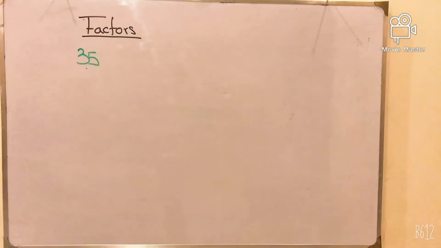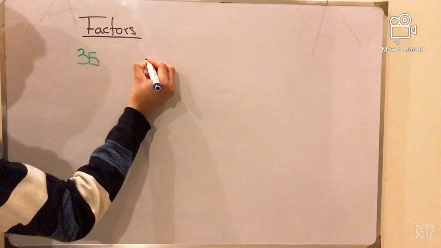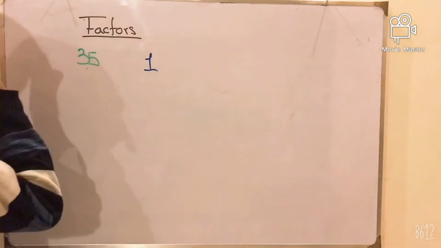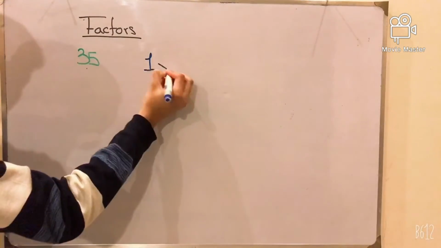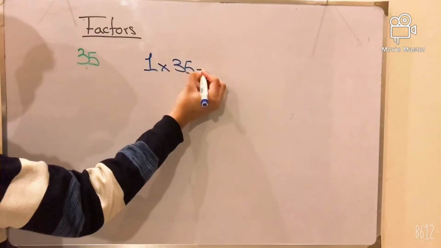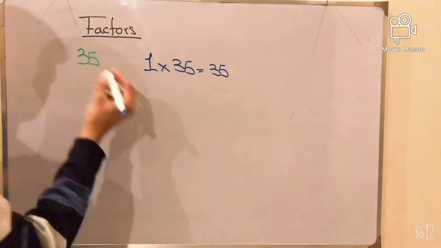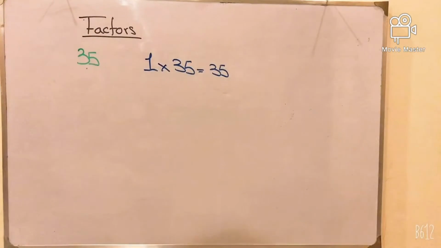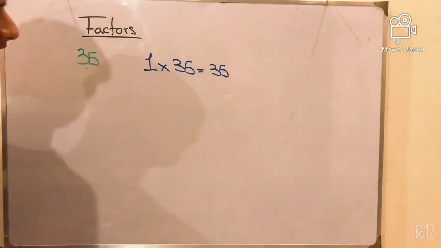Now I will write the numbers in pairs in such a way that if both numbers of the pair multiply with each other, they will give the answer 35. So let's write the first pair of factors of 35. If we multiply 1 by 35, we will get 35. So we can say that 1 is a factor of 35 and 35 is also a factor of 35.